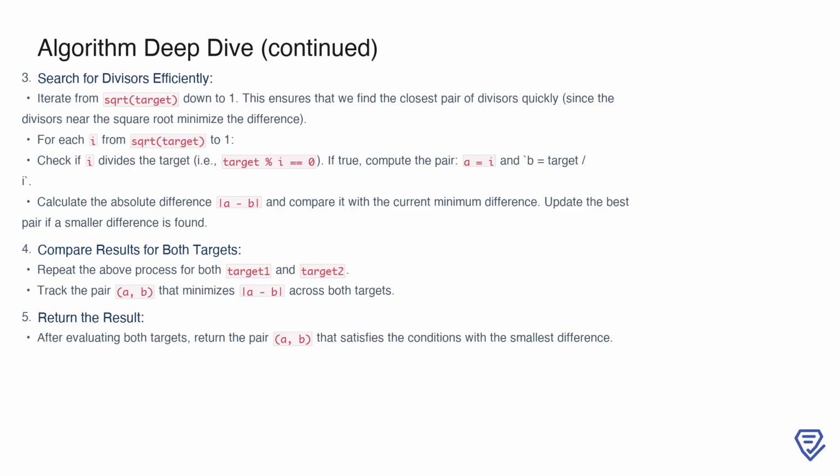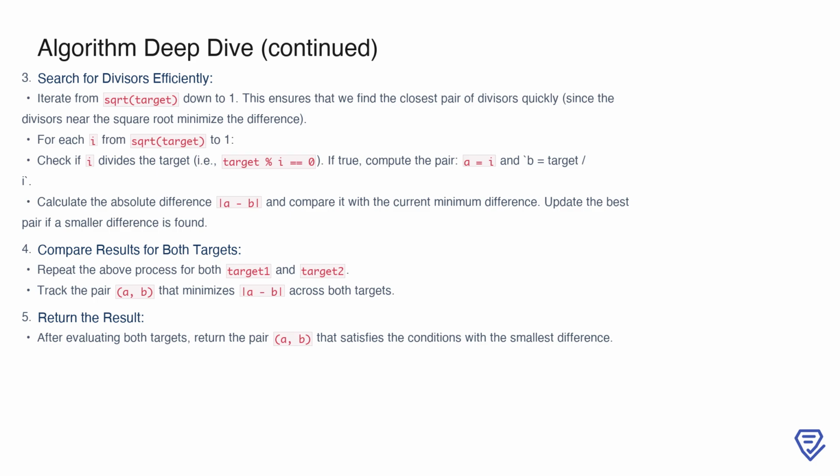At this point, we compute the absolute difference, |a - b|, and compare it with the current smallest difference. If this new pair has a smaller difference, we update our best pair. This process is repeated for both target 1 and target 2. Once we've checked all divisors for both targets, the final pair with the smallest difference is chosen and returned as the result.